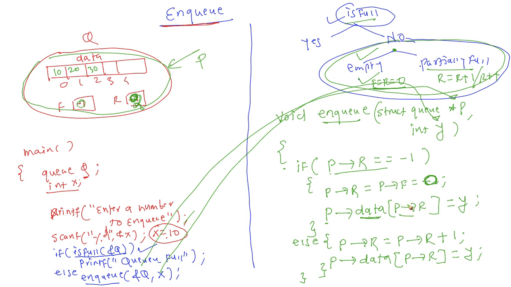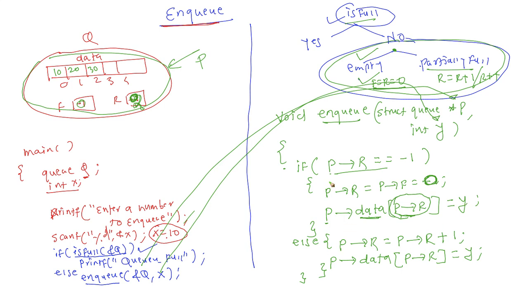So the r value I want to retrieve. So r is inside the structure pointed to by p. That's why p arrow r will give me the value of r, right? So on this location, I'll insert this y.